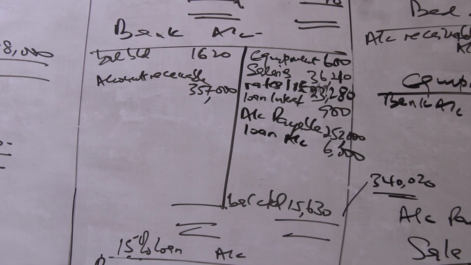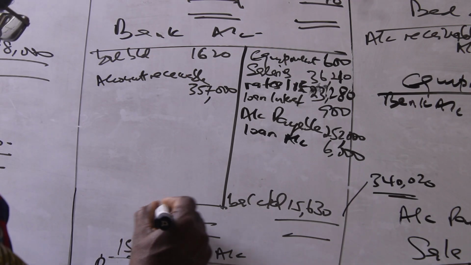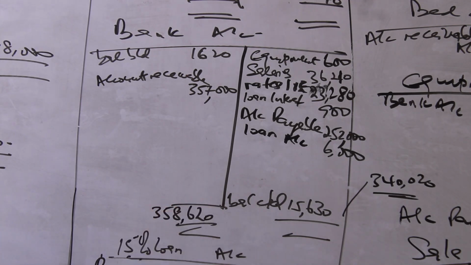So we add the debits: 1,620 plus 357,000, 357,123. We get a figure of 358,620. 358,620 minus 340,020.